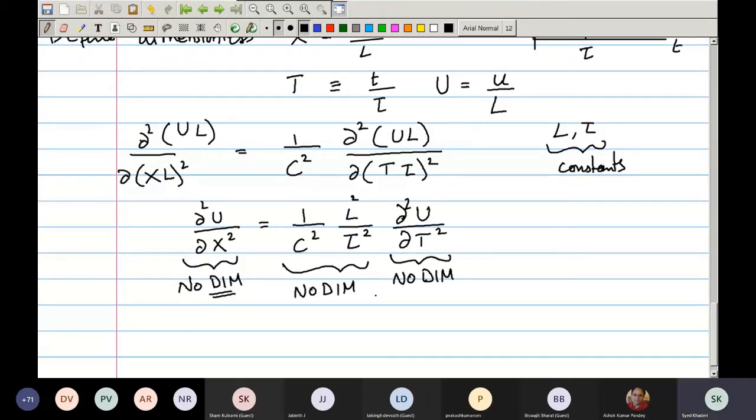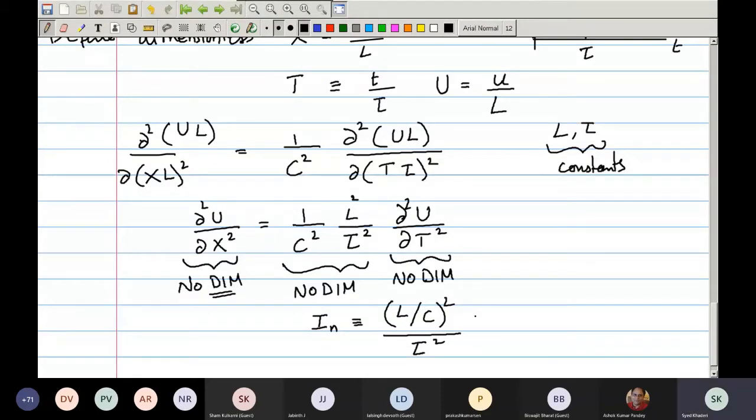And this is what we define as the inertia number, In. We define it as L by c, square, divided by tau square.